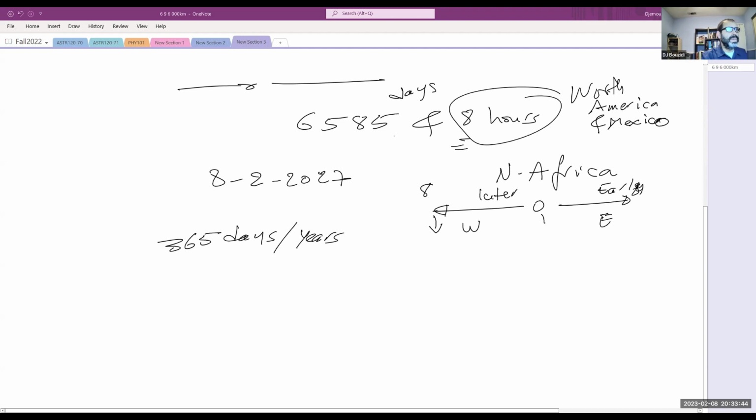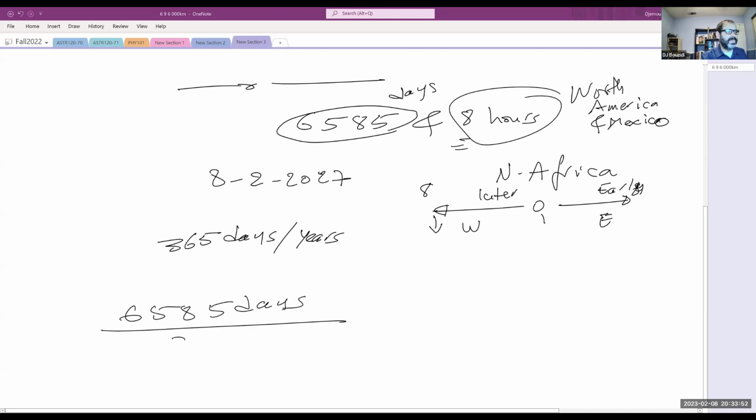But I need to know how many years 6,585 days is, so I'm going to divide that by 365 days. That gives me the number of years, plus some if there is a remainder.